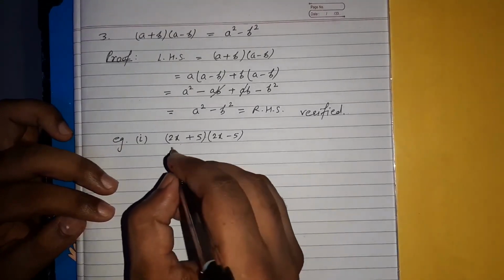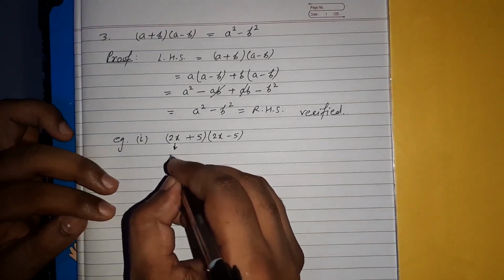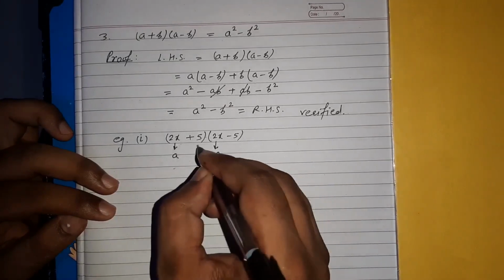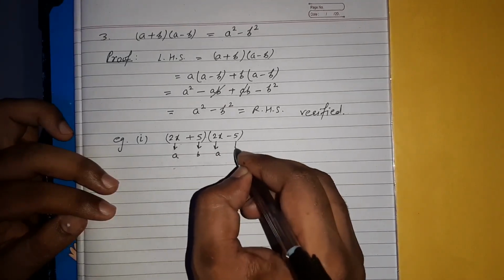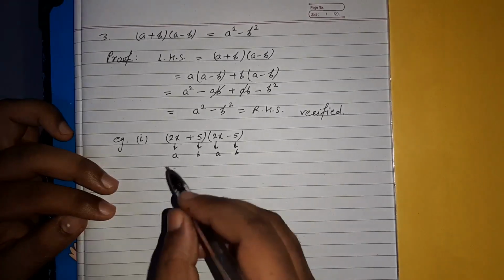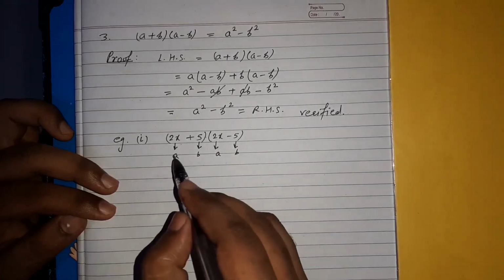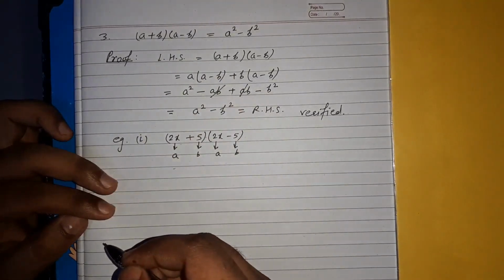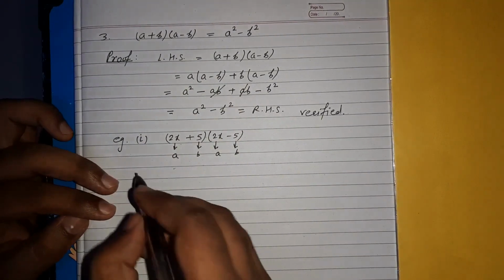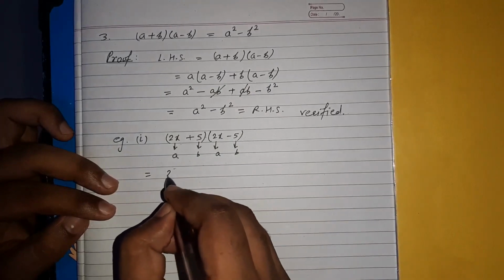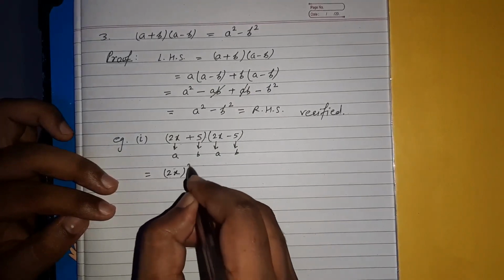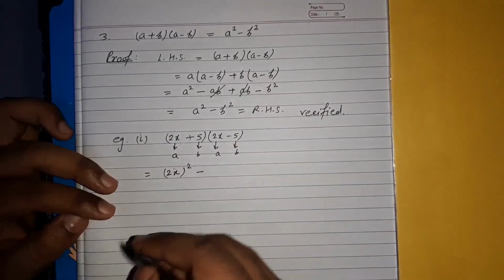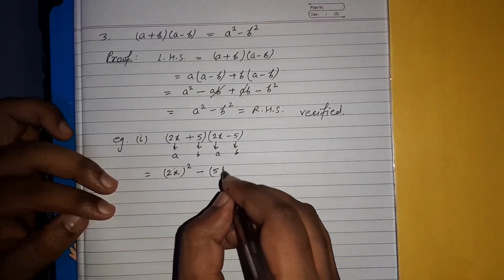Let the value of a be 2x, and the value of b be 5. So according to the identity (a plus b)(a minus b) is equal to a square minus b square. The value of a is 2x, so it will be (2x) square, minus sign according to the identity, and the value of b is 5, so it will be 5 square.